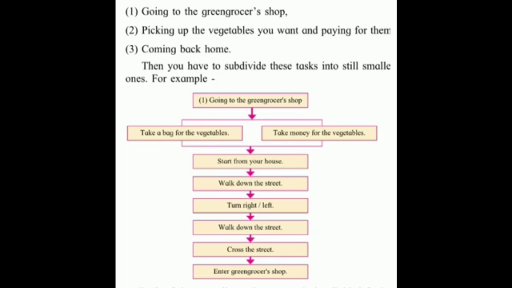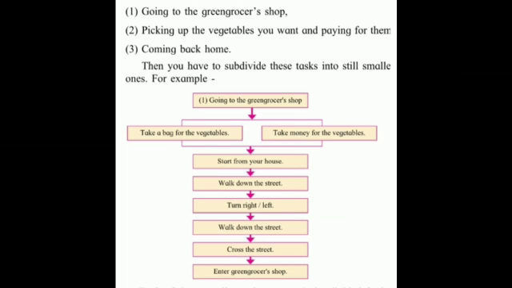Then second step, picking up the vegetables you want and paying for them. So you will purchase the vegetables mother has asked you for and you will pay for them. Then third step, coming back home, means you will take the vegetables and come back home.